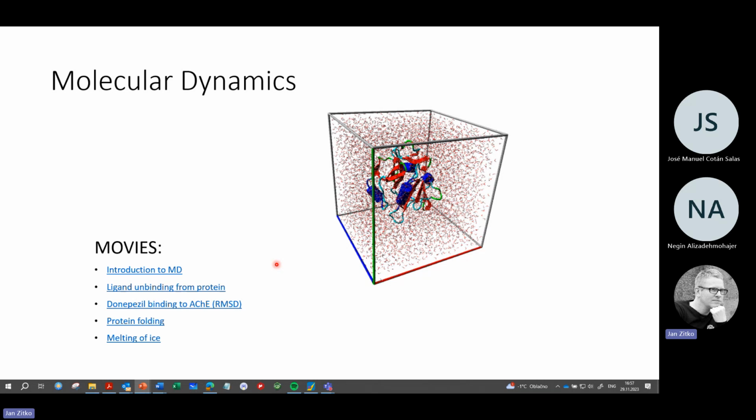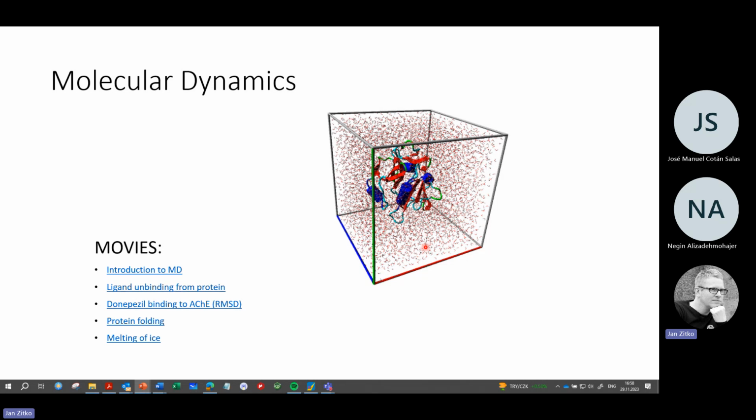To give you a taste, if you have a normal system like ligand, protein, explicit water solvent, let's say 10,000 particles, with our software on a normal CPU-based computer with 64 cores, for example, you can simulate maybe 20 nanoseconds a day.